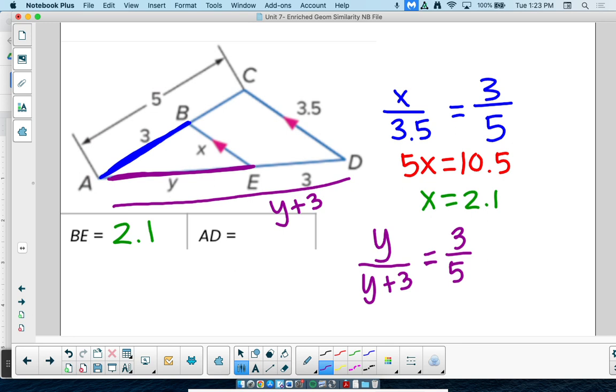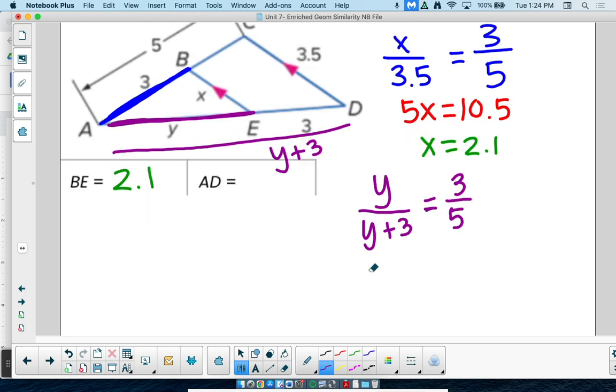Cross multiply for me. 5Y equals 2Y plus 3. 2Y equals 3. Y equals 3 over 2.